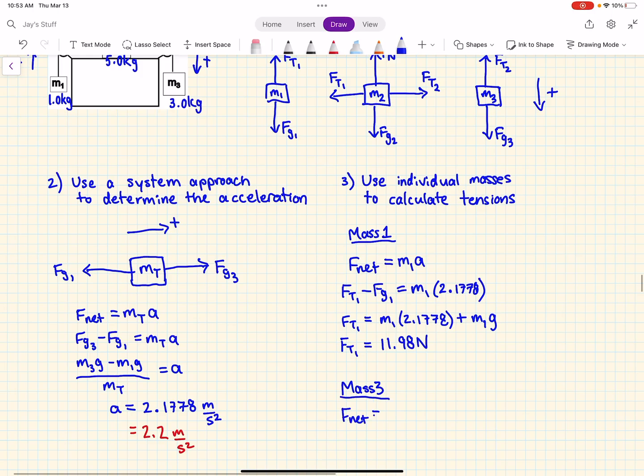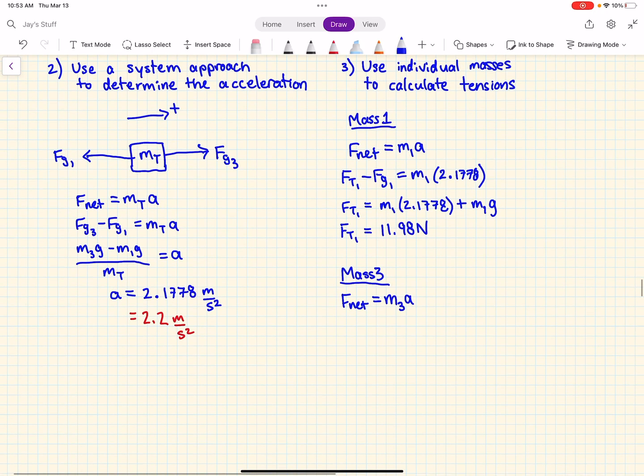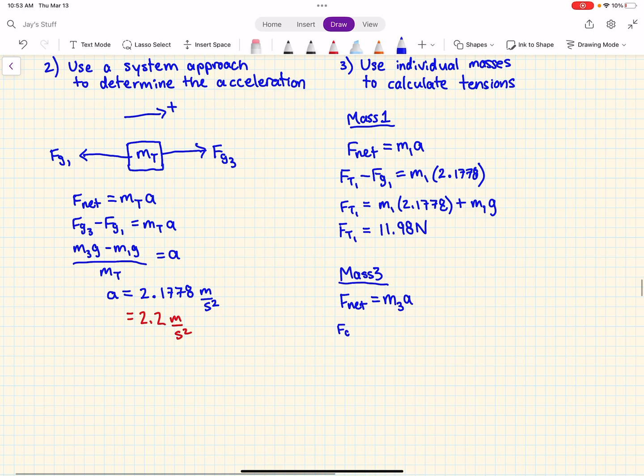F net equals, in this case, m3a. Fg3 is acting in the positive direction. Ft2 is acting backwards in the negative direction. So that's going to be Fg3 minus Ft2 is equal to m3a. So this is m3g minus Ft2 equals m3a.